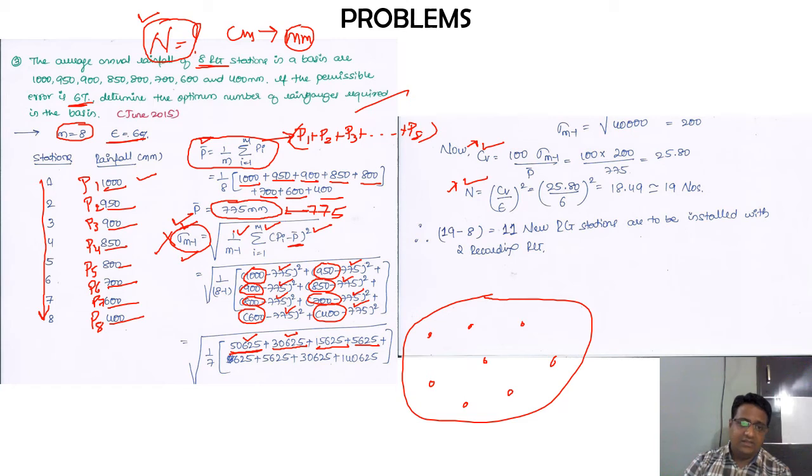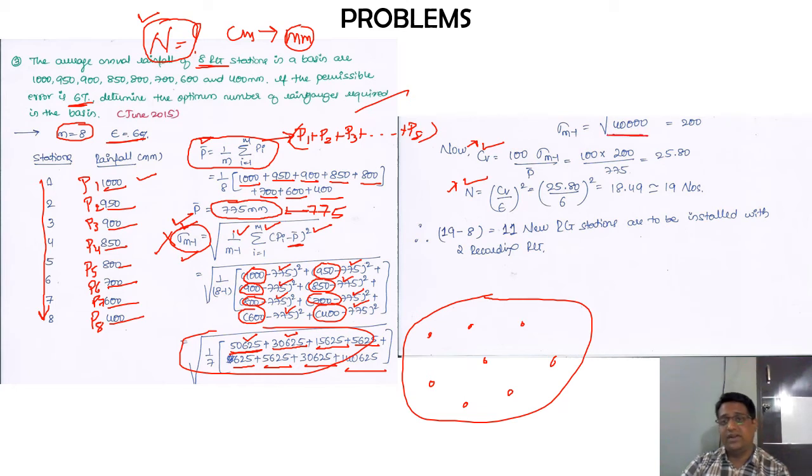Similarly, the fifth bracket, 800 minus 775, is 625. Similarly, we have 700 minus 775 the whole square, that is 5625. Next, 600 minus 775 the whole square will be 30,625. And finally 400 minus 775 is 1,40,625.